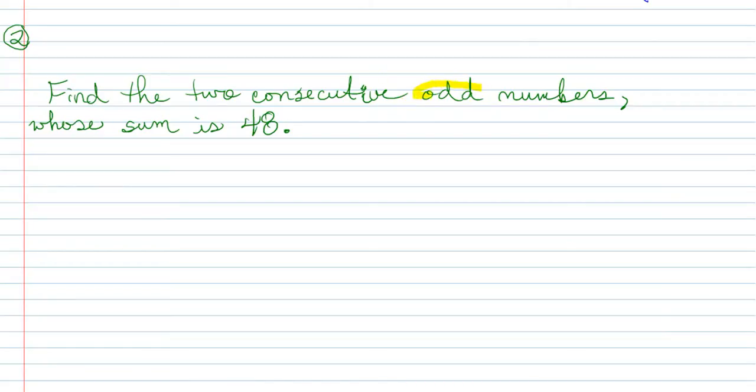In this case, it's odd. And instead of numbers, I should have written integers, so let me change that really quickly. And just like that, I fixed it. So we have odd integers here. Sometimes you may see consecutive integers. That would be just add one to the next. I'll look at that in a sec. But consecutive odd integers. So consecutive, we're looking for one that comes before the other.